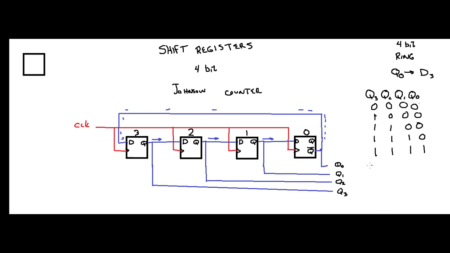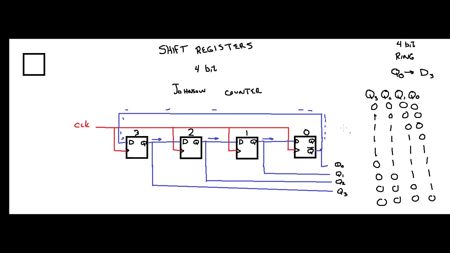Now, clock it again. What are you going to get? Clock it again. Clock it again. And one more time, clock it again. You're back to the beginning, aren't you?